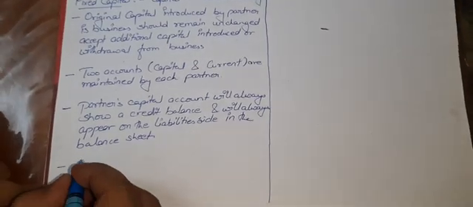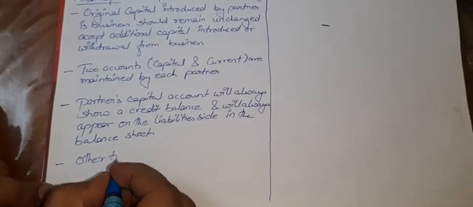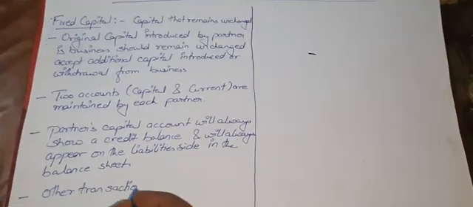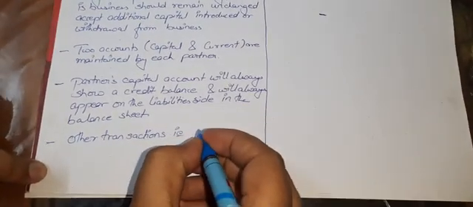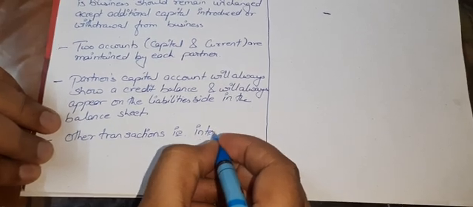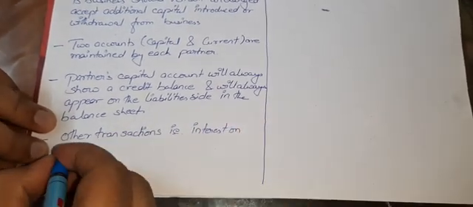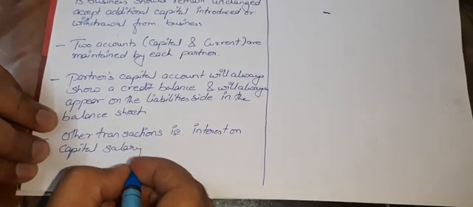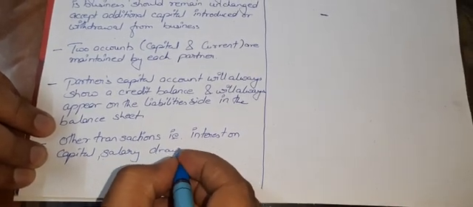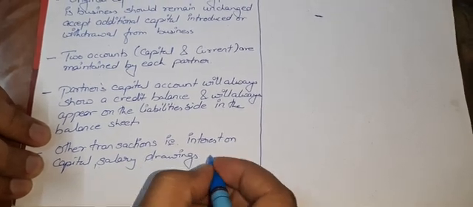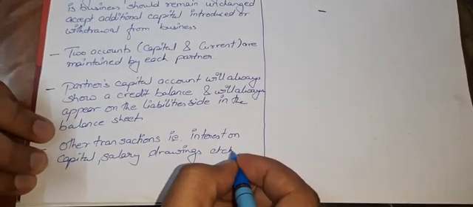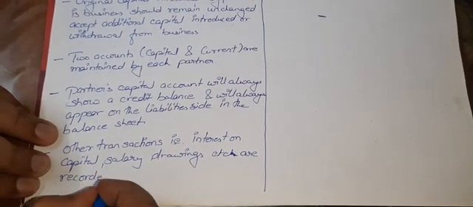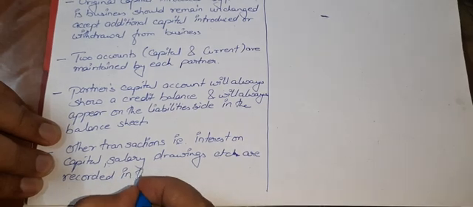Other transactions such as interest on capital, salary, drawings, etc. are recorded in the current account.